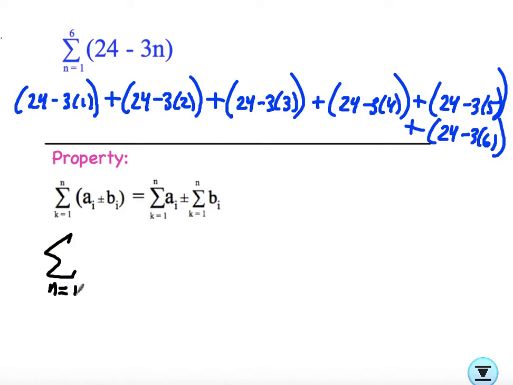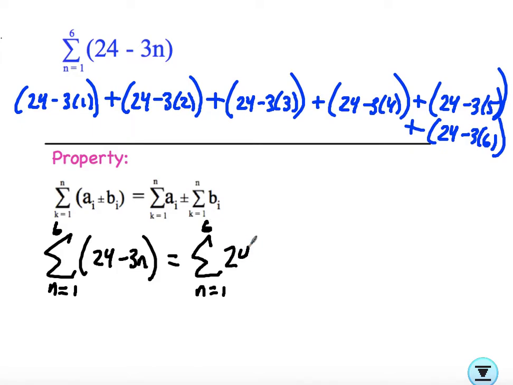Okay, from n equals 1 to 6, 24 minus 3n. Okay, what this is saying is I can split the 24 and the 3n up into their own summations. Still going to go from 1 to 6, but I would have just a 24 and then minus, because it can either be adding or subtracting. And then again, another summation from 1 to 6 of 3n.